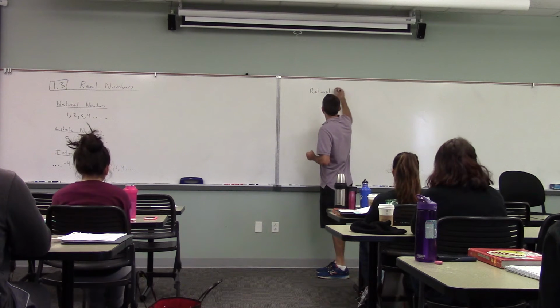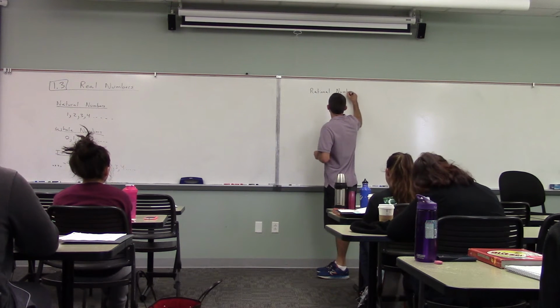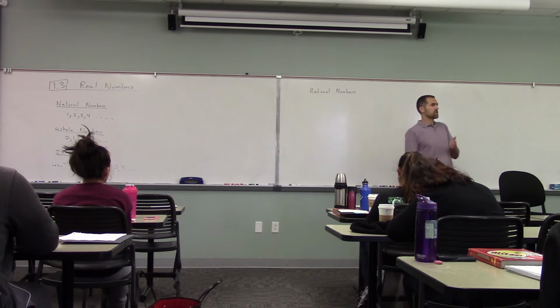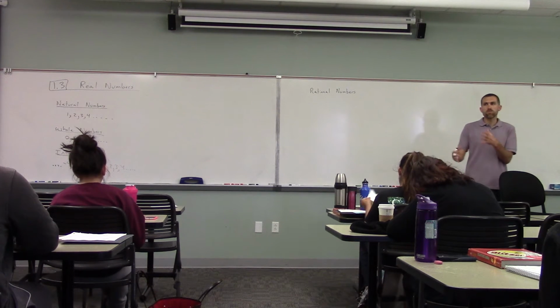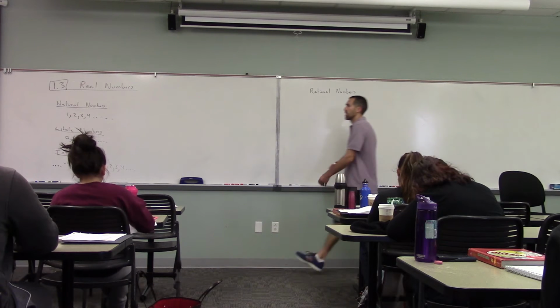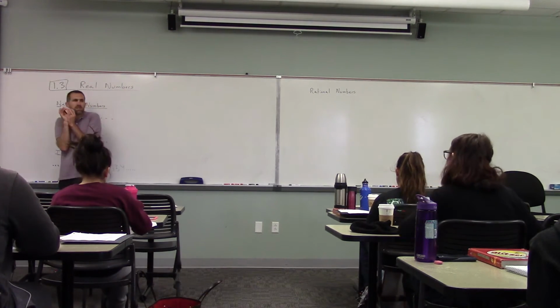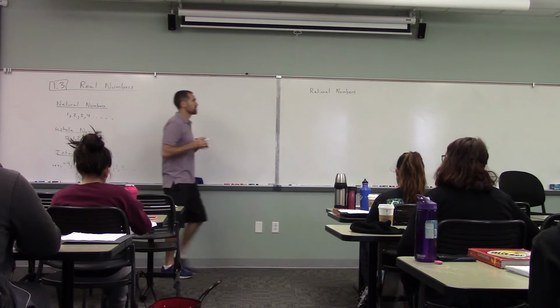The other category is rational numbers and irrational numbers. And this is a divide. Every number is one or the other. There's no middle ground. Whereas each of these categories is just this teeny little subset of special numbers, this teeny little group.